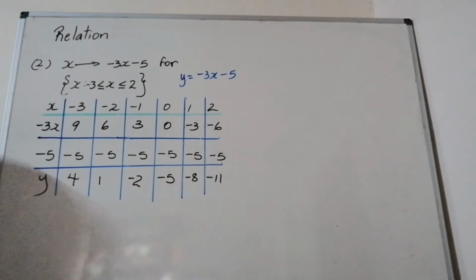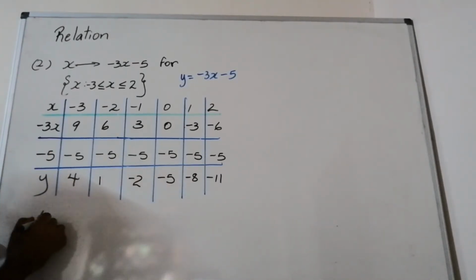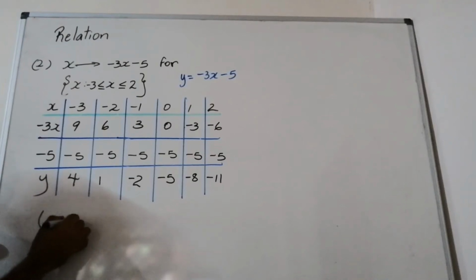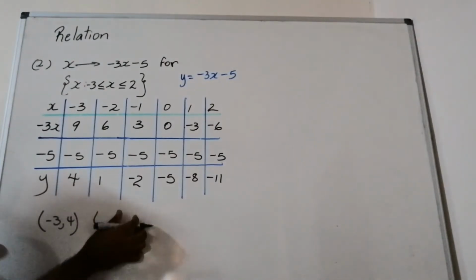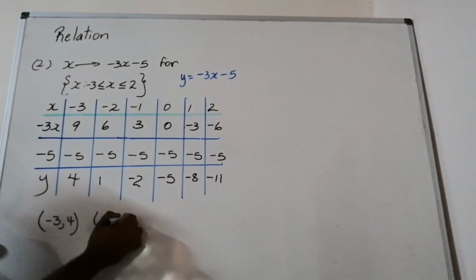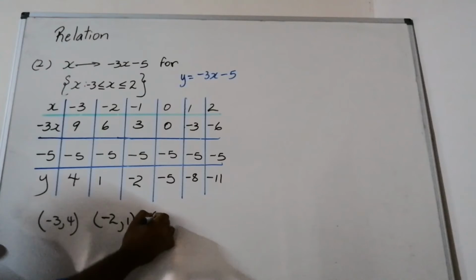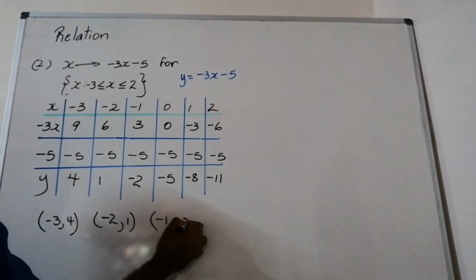Now to write our ordered pairs. When x is minus 3, y is 4. When x is negative 2, y is 1. When x is negative 1, y is negative 2.